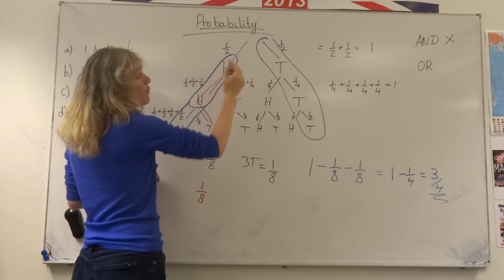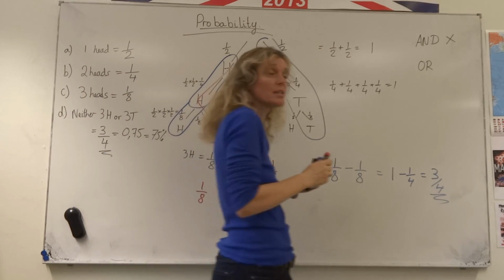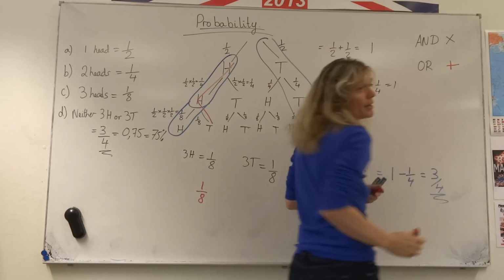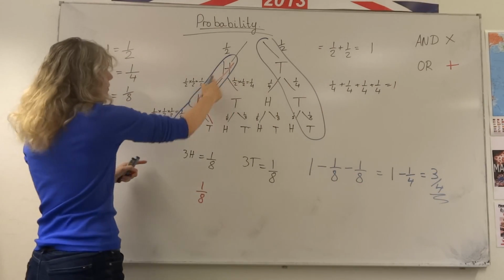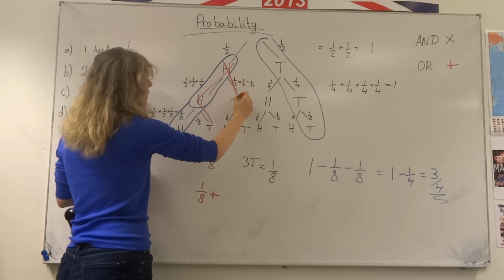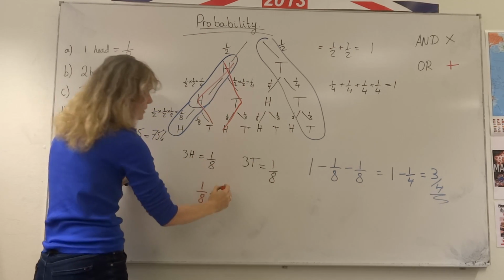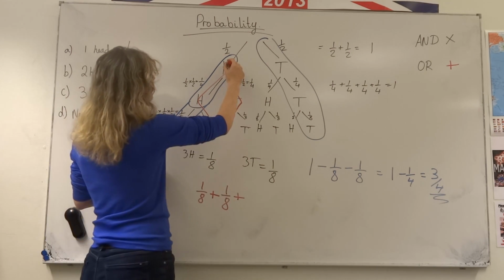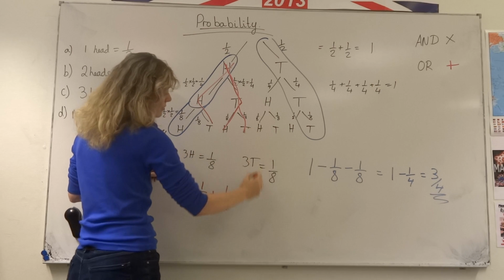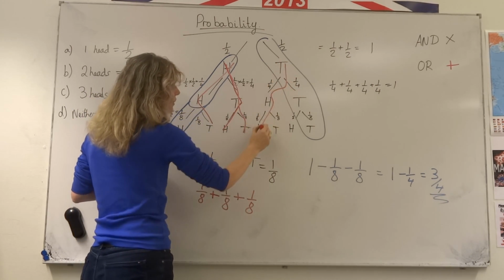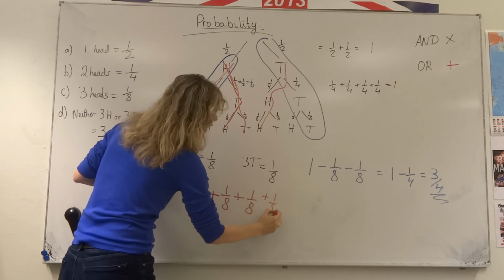Or I could have gone, and when I see the or sign, when I'm saying to myself I could do this or I could do this, I use the plus sign. So I could use this combination, or I could have gone this combination. That's another 1/8. Or, plus sign, I could have gone this way around. That's another 1/8.